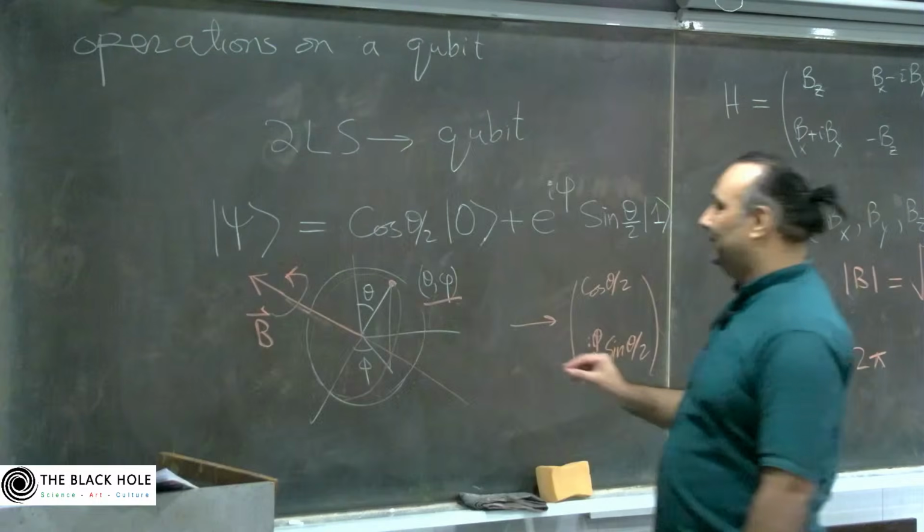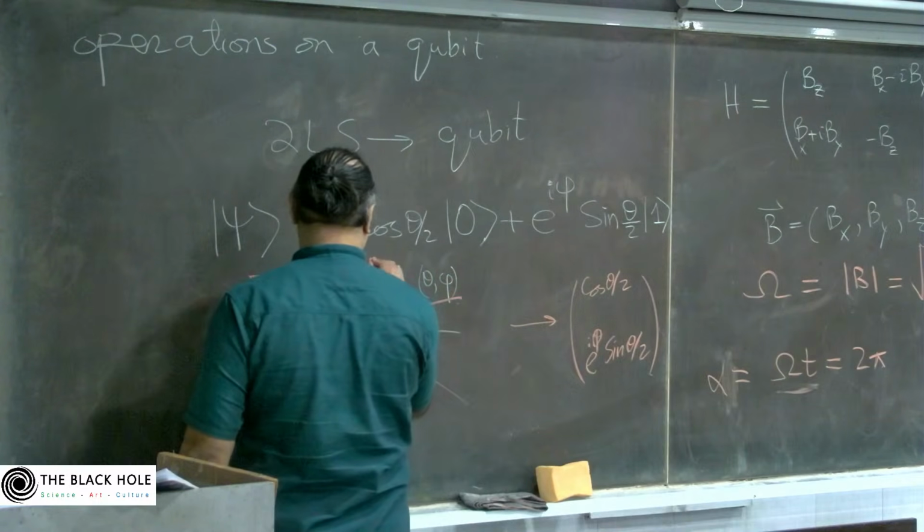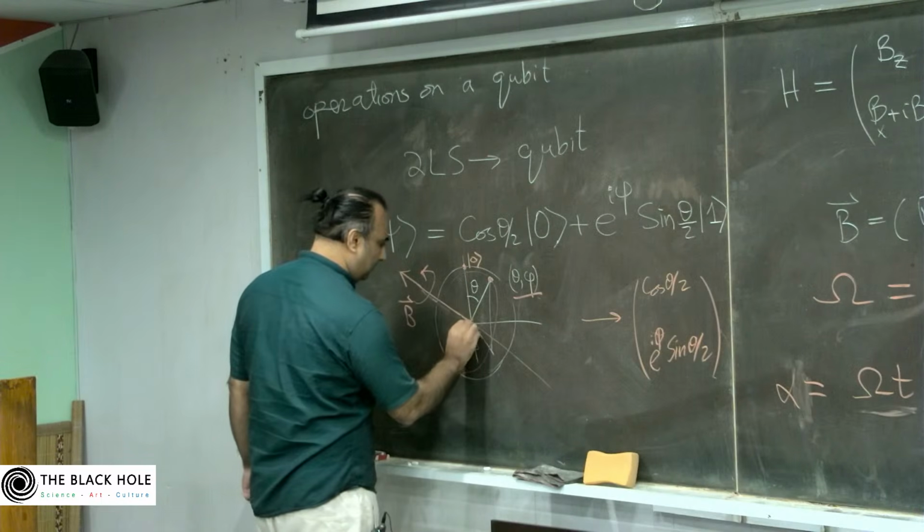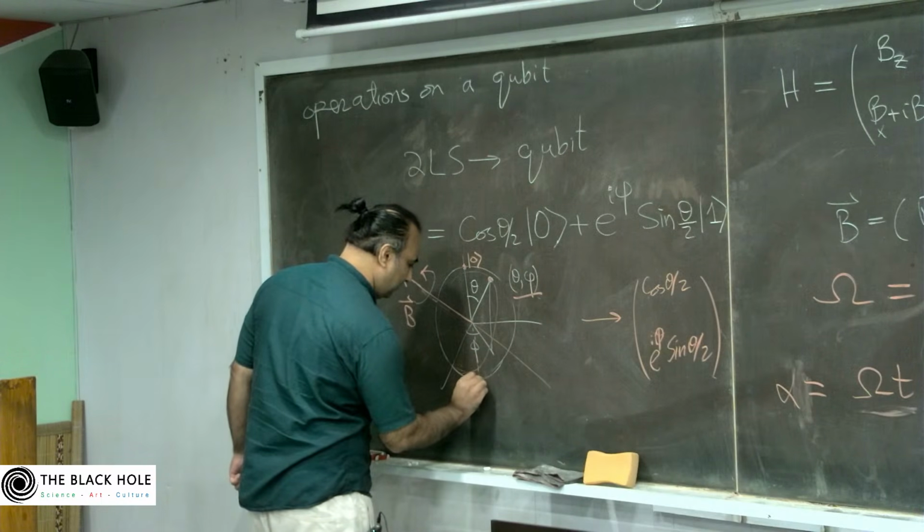So what you have is a linear combination of 0 and 1. 0 and 1 are the basis states of the Hilbert space. They have in front of them complex coefficients. You can call it C1 times 0 plus C2 times 1.